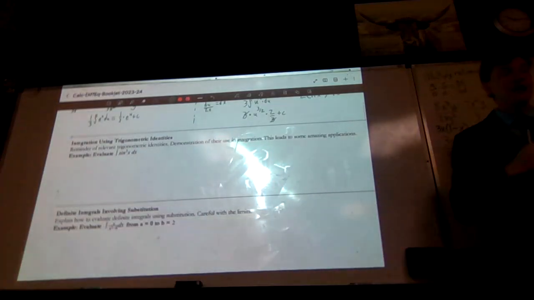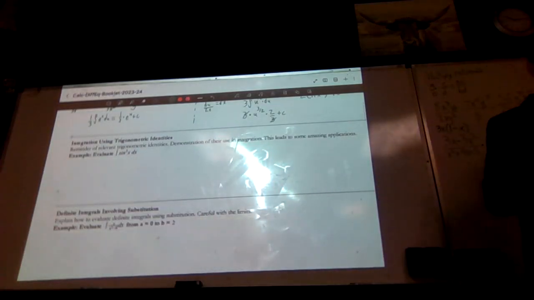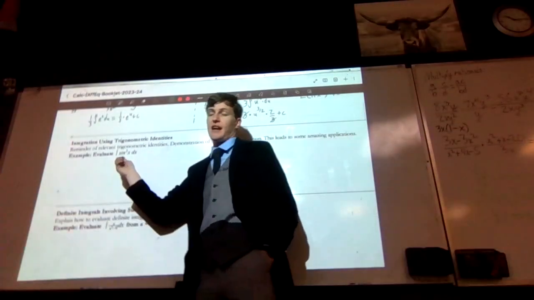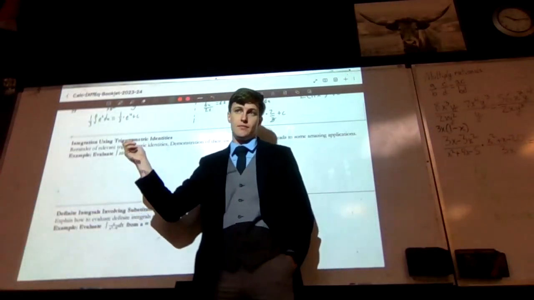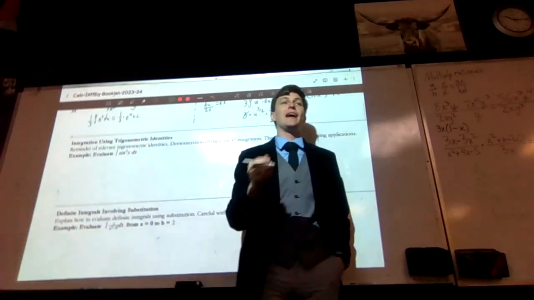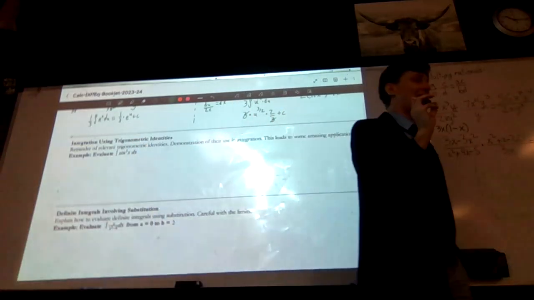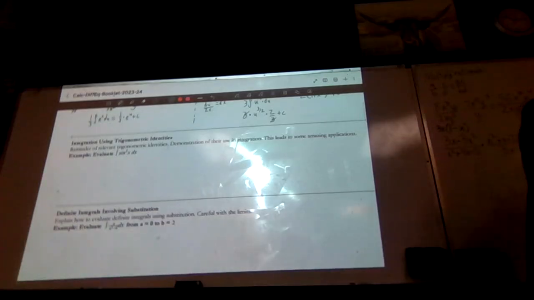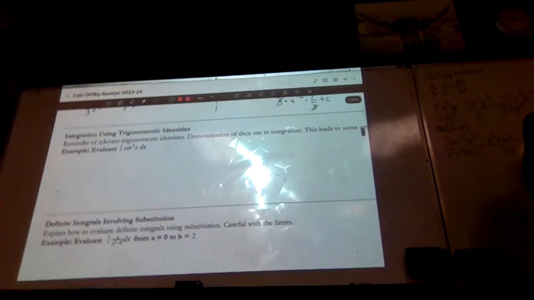So, I have sine cubed of x dx. Well, what can I separate sine cubed of x dx into? Well, always look for Pythagorean identities whenever you have any trigonometric functions like this. Sine times sine times. Close. I have sine, and then what do I want to keep though?